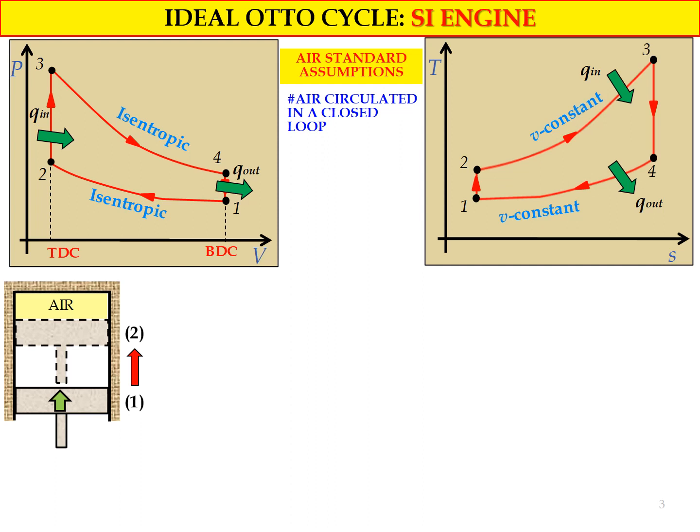That's why in the cylinder we have air instead of a fuel plus air mixture. We only consider air inside the cylinder, and we consider the system as a closed system. So that's why we don't have any inlet for the intake valve, and also any outlet for the exhaust valve.